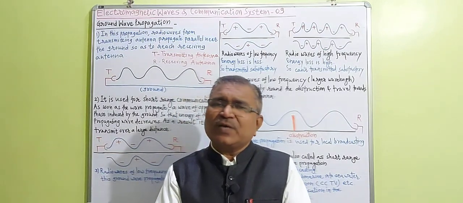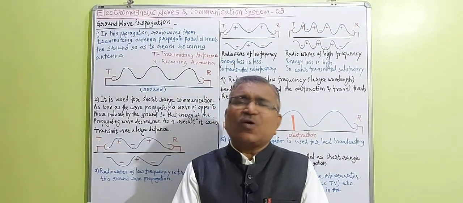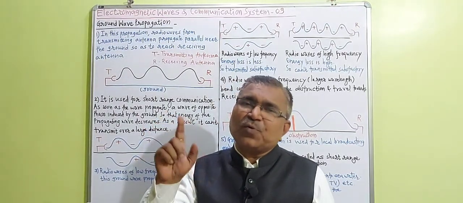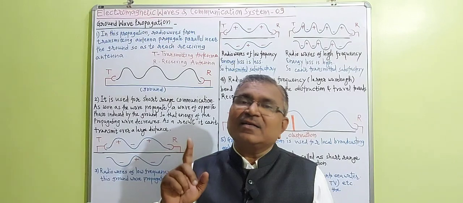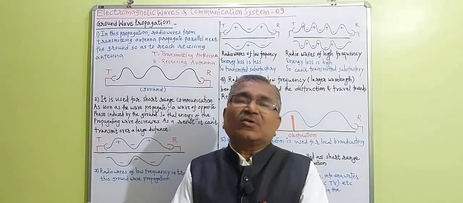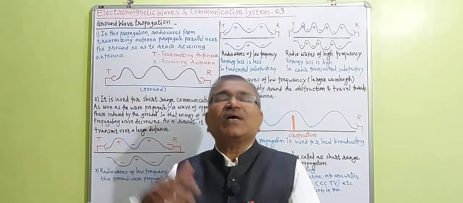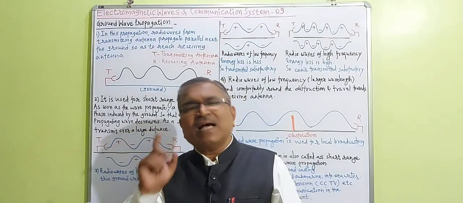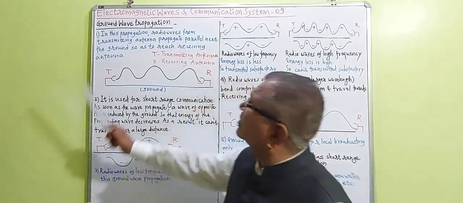So radio waves from the transmitting antenna propagate parallel along the surface of the ground so as to reach the receiving antenna. That I have written on the board. See here.